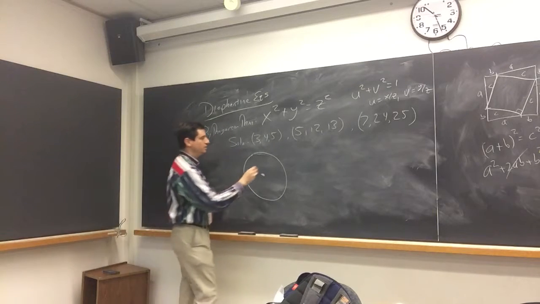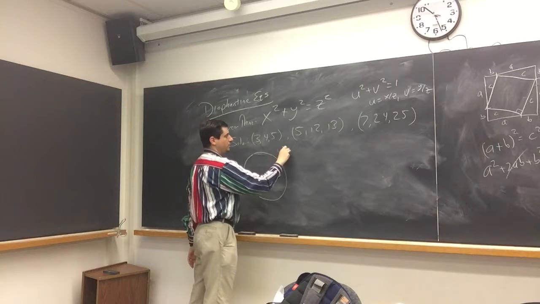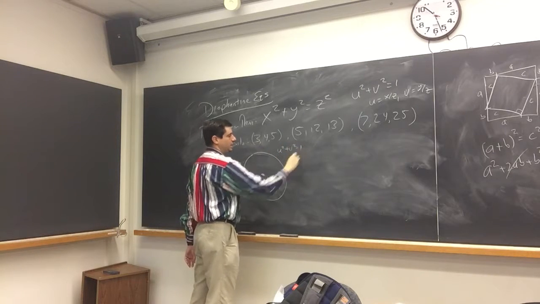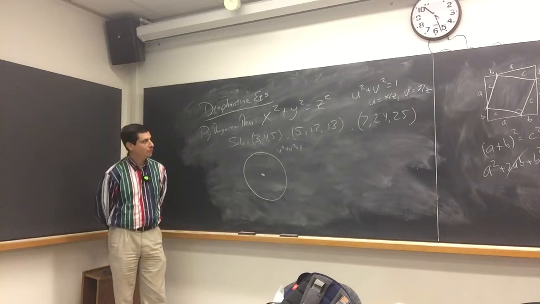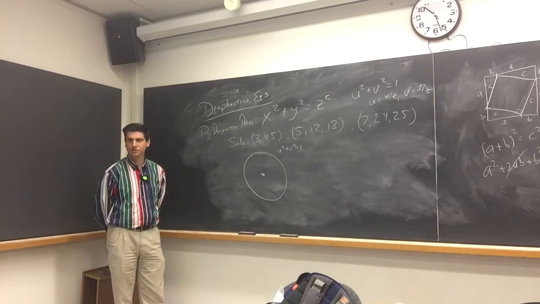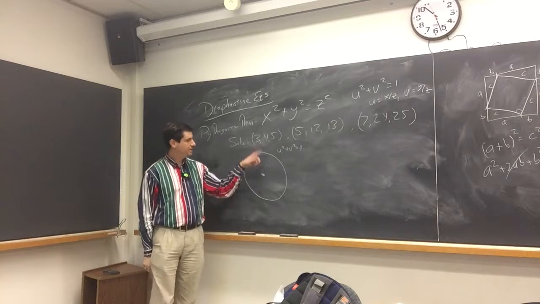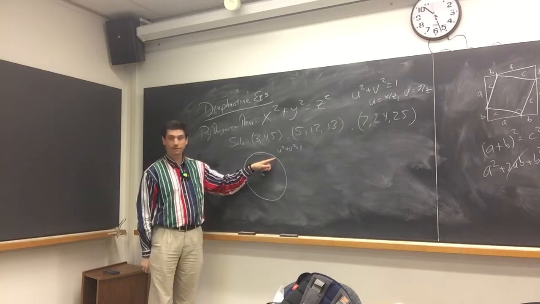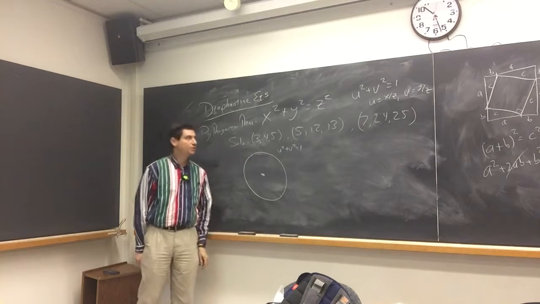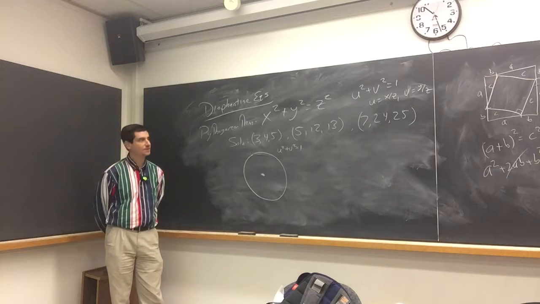So here is u squared plus v squared equals 1, and we want to find all the rational points on the circle. So we would have the point 3/5, 4/5. We'd have the point 5/13, 12/13. We would have the point 7/25, 24/25. How do we find all the different points?